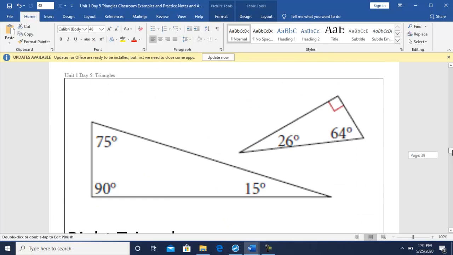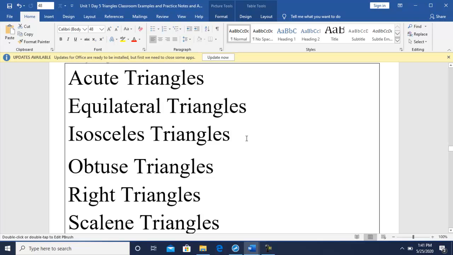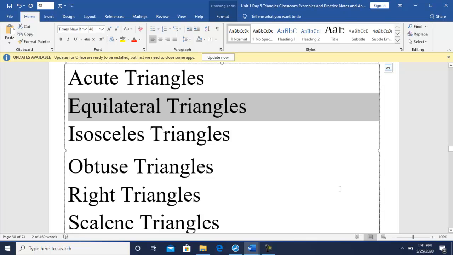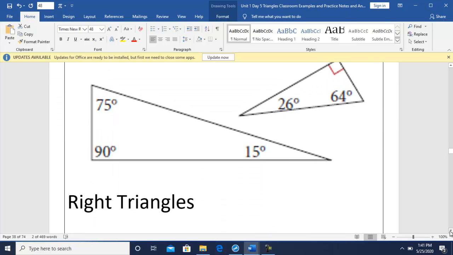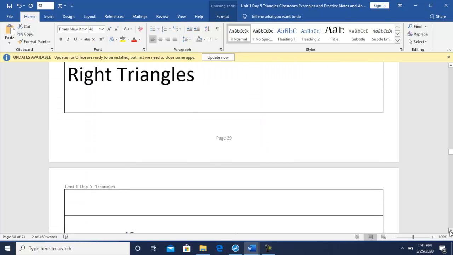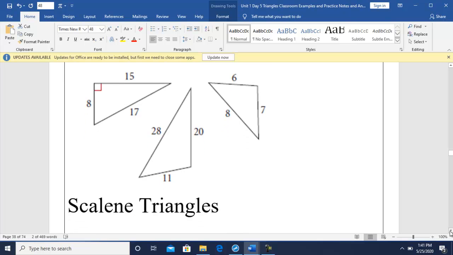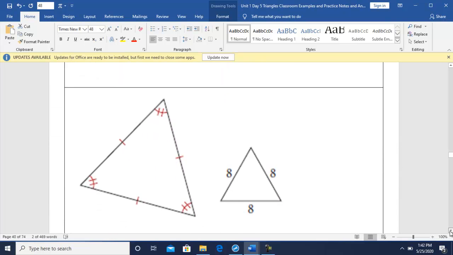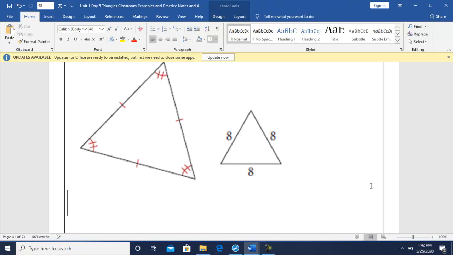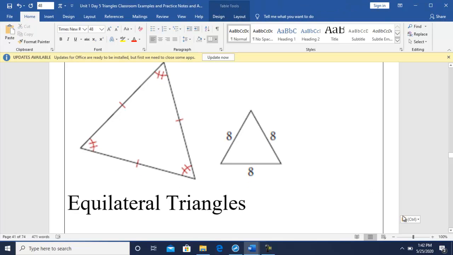So from our choices, we would choose equilateral triangles. Remember, the first answer was right triangles. Again, these are scalene triangles. And these are going to be equilateral triangles.